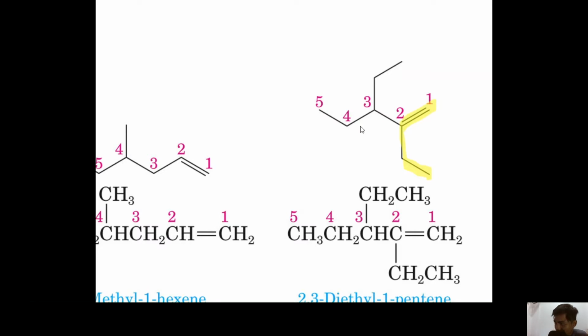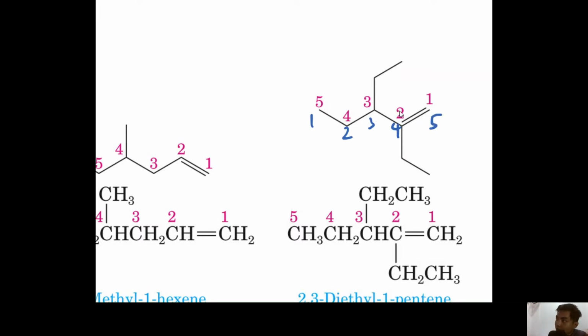Compared to this one and this one. So, same lang. Okay. So, this will be our longest chain containing the C double bond C. Okay? So, basta kapag may nakita kang double bond, hanapin mo yung longest chain that contains the C double bond C. Okay? Then you start counting left to right, right to left.